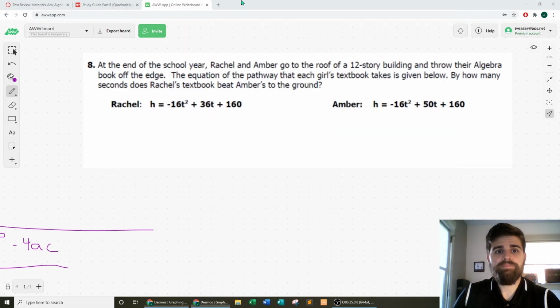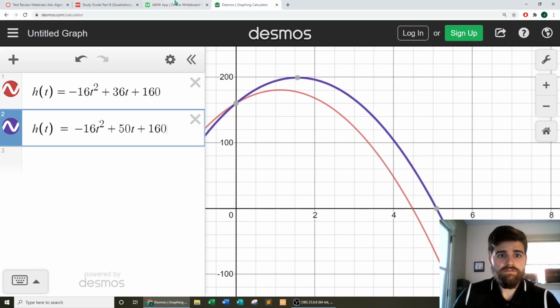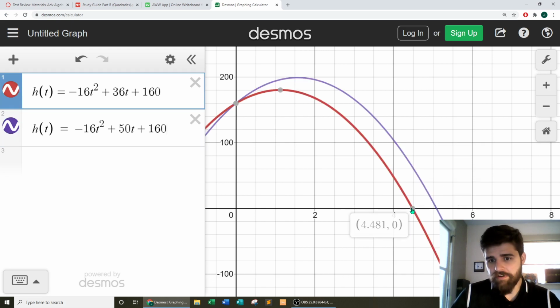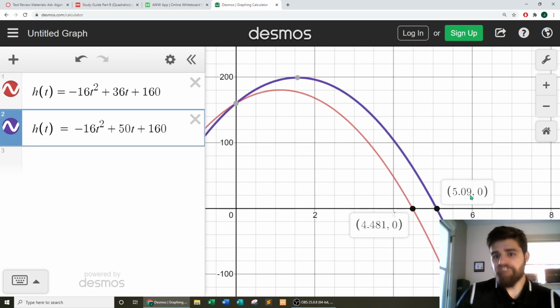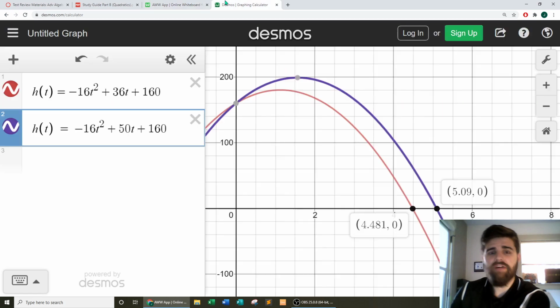Double check them. Okay, so Rachel is the red graph, Amber is the purple graph. You can see that Rachel's book hits the ground at 4.48 seconds, and the other person's book hits the ground at 5.09 seconds. The question asked, how many seconds did Rachel's textbook beat Amber's to the ground? So how much faster was it? 4.48 versus 5.09.